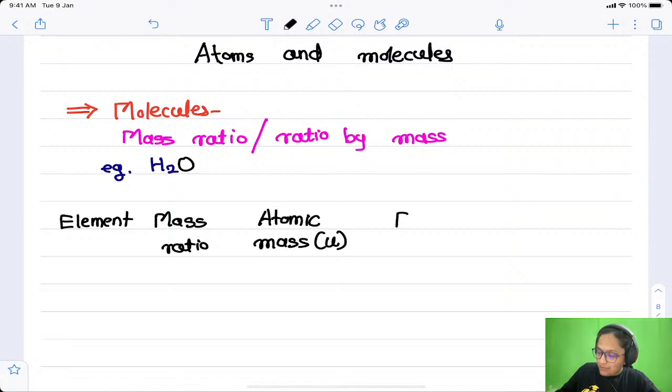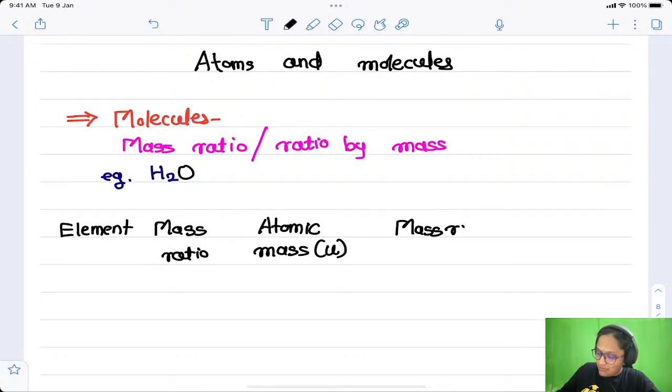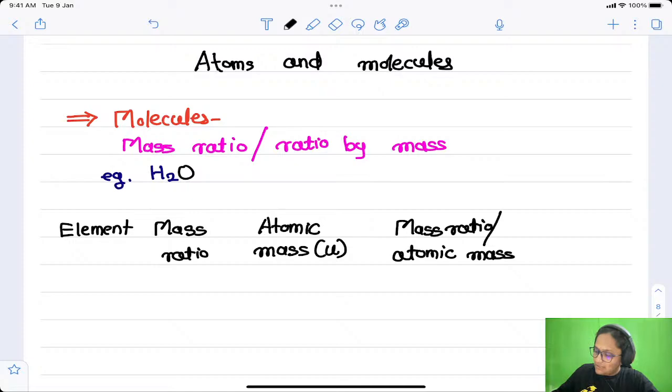Then we are going to find out the mass ratio divided by atomic mass. This will give us the simplest ratio, and the simplest ratio will decide the formula of that compound.